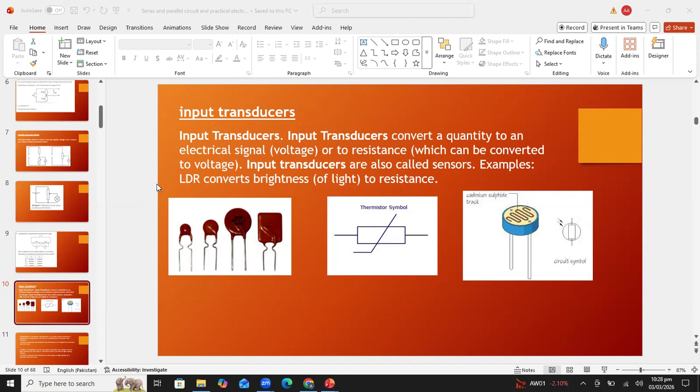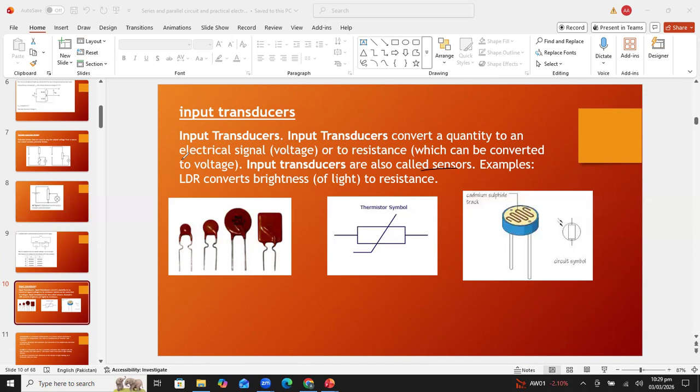So basically, transducers are a type of device which converts mechanical energy into electrical energy. I'm repeating, transducers are resistors which will convert mechanical energy into electrical energy.